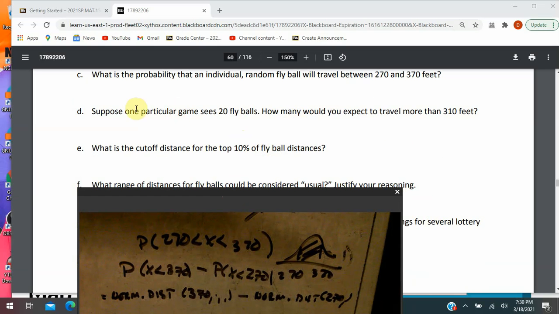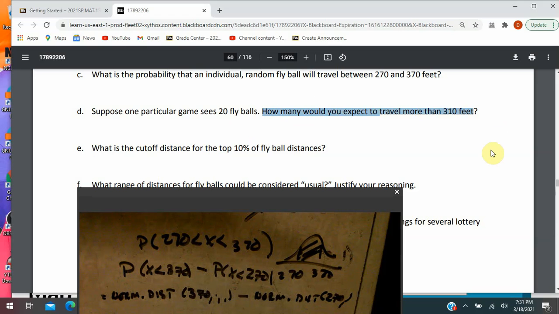Here I've got one particular game that sees 20 fly balls. How many would you expect to travel more than 310? At first glance you're saying, is this a binomial distribution? The binomial distribution tells you all of the probabilities from 0 to 20, but you have to have the percentage to even get the binomial. So you've got to get a percentage out of this piece.